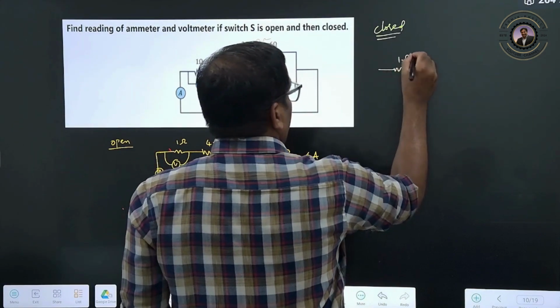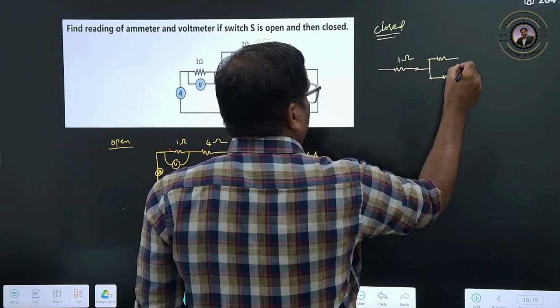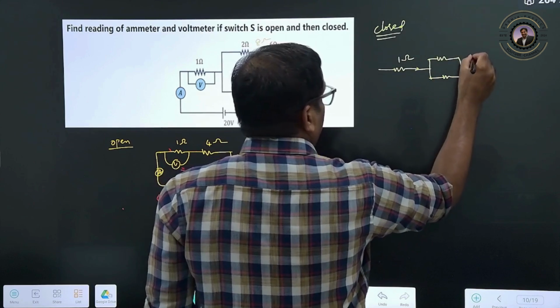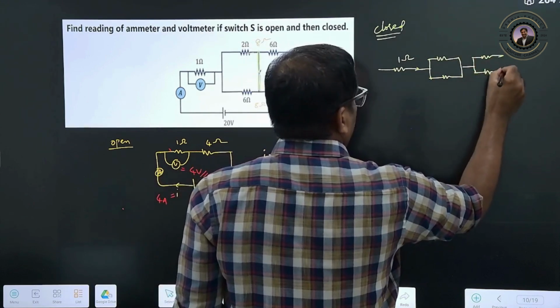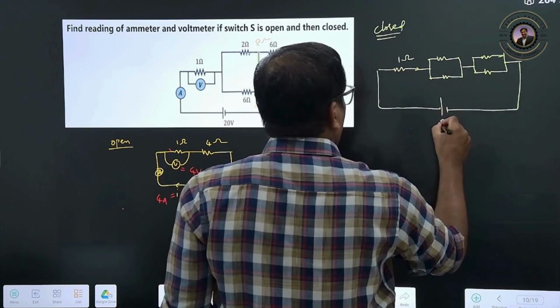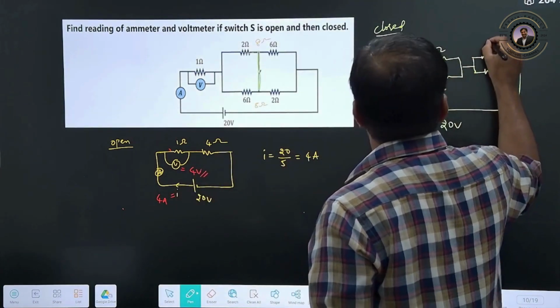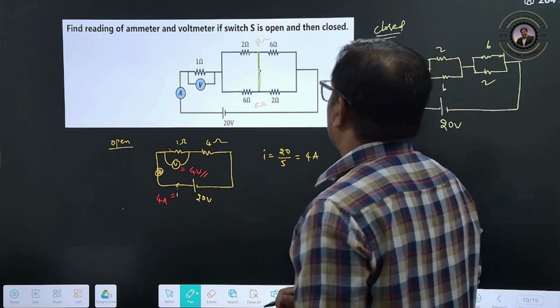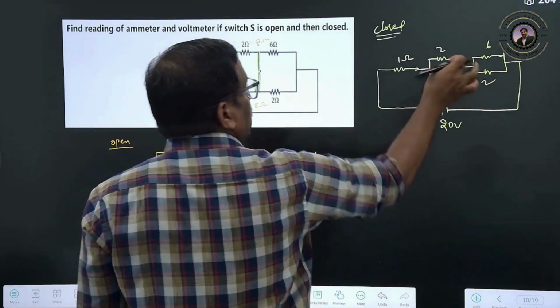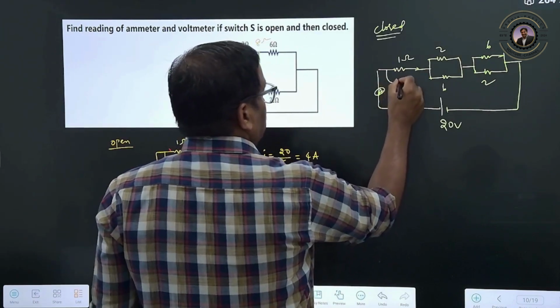This is 1 ohm, and this will be connected here, with 20 volts. So this is 2 and 6, and 6 and 2. This is just the junction here. This will be your ammeter and this is the voltmeter.